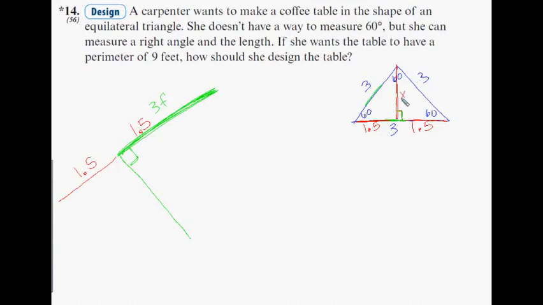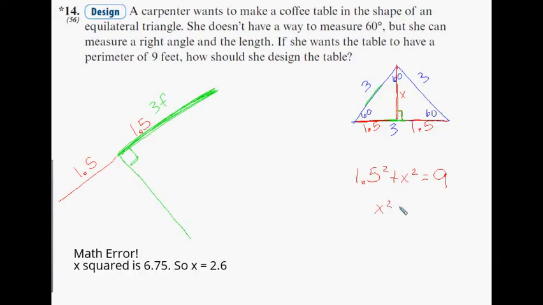So if she's got 1.5 squared plus x squared equals 9, because it's 3 squared, so she can say x squared is equal to 6.75, so we know that x is going to be the square root of 6.75. So the square root of 6.75 is equal to about 2.6.